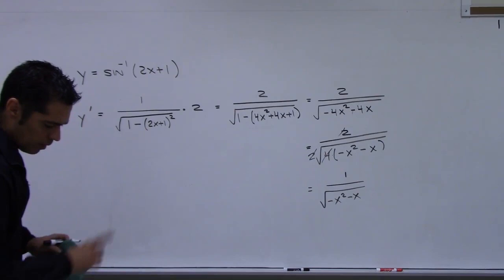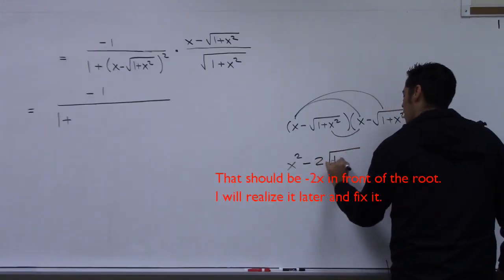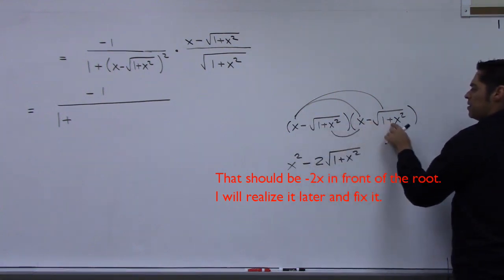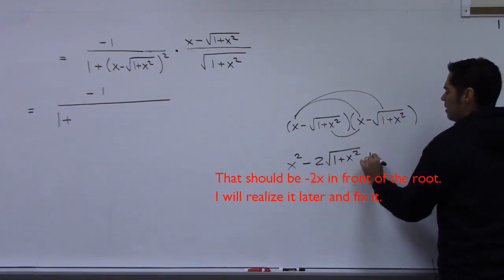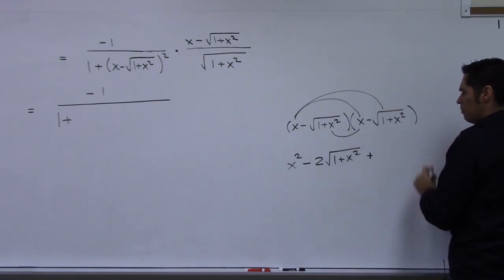Then when we do these middle ones, you're going to get negative 2 roots of 1 plus x squared. And then when I do negative this root times negative same root, it's positive, and then the root and the root together, when you multiply them, the root goes away, so you get 1 plus x squared.